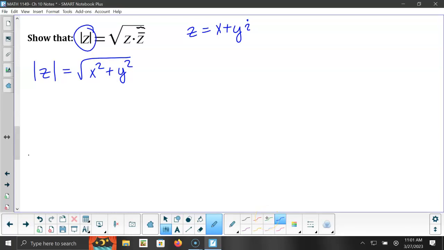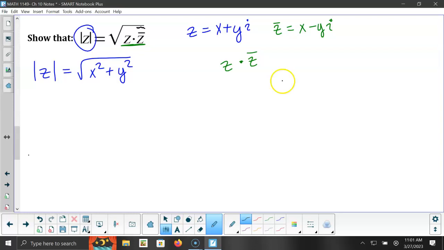Now I got to deal with the other part. This piece is saying z times its conjugate. So what would be z bar for this problem? Z bar is x minus yi. Can I multiply those two together?